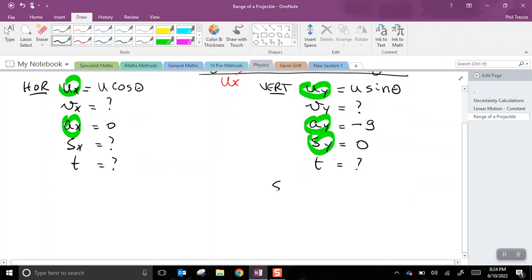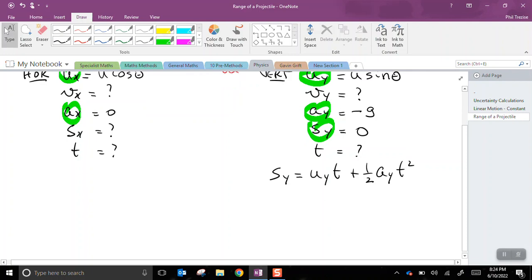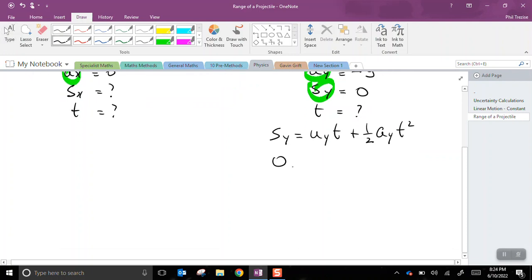And I'll start with the formula s equals ut plus 1/2 times a times t squared. And we'll substitute 0.